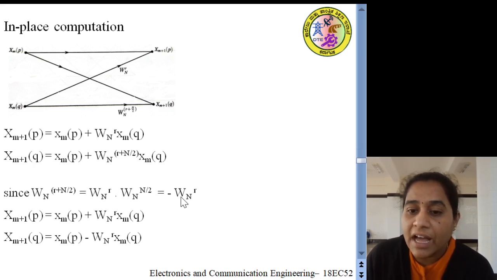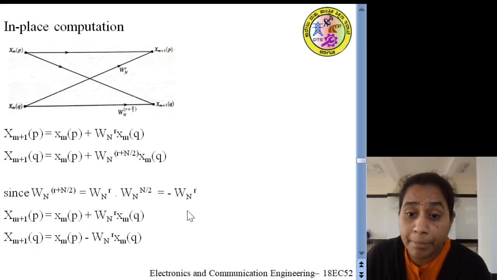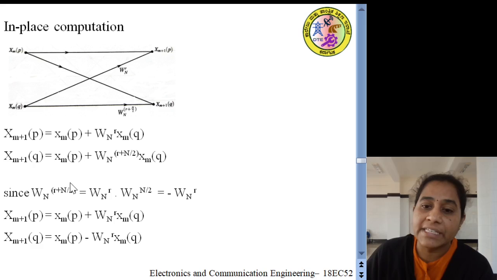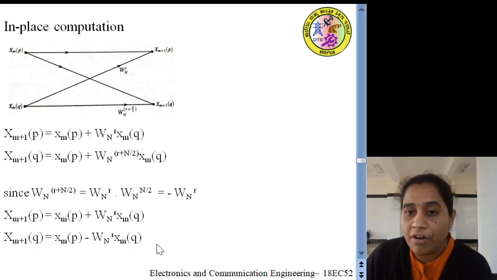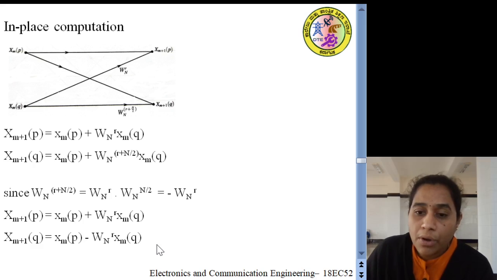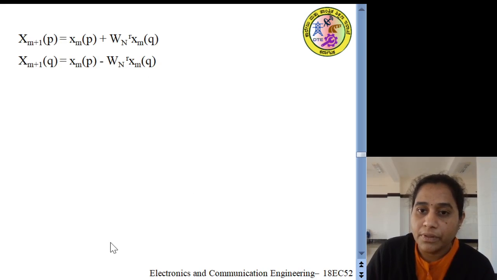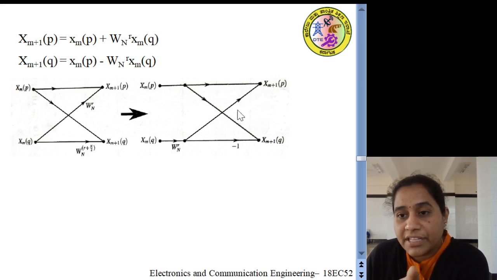So xm plus 1 of q is equal to xm of p minus Wn raised to the power of r into xm of q. This is how we can reduce the computation. One represents the addition of these two, and the other represents the subtraction of these two. Same thing, so this gets reduced to this particular operation.